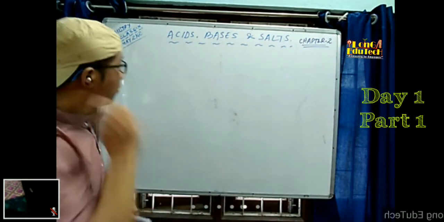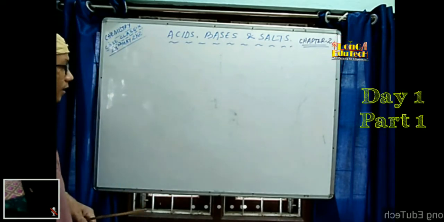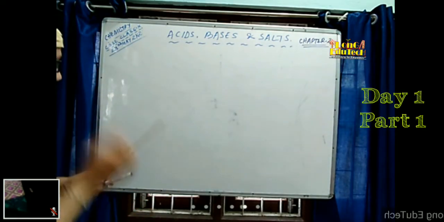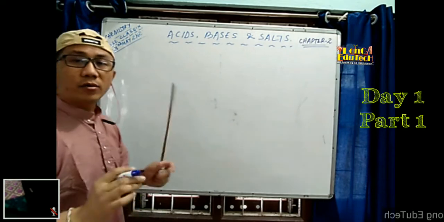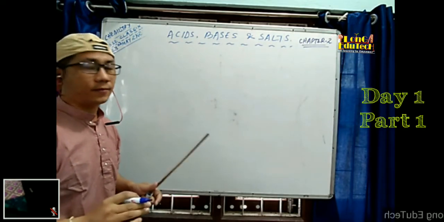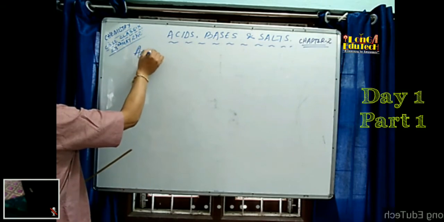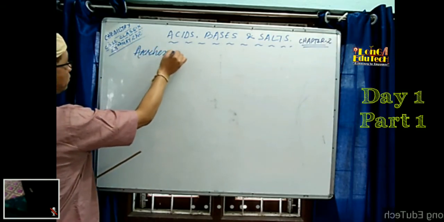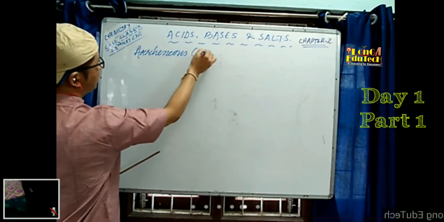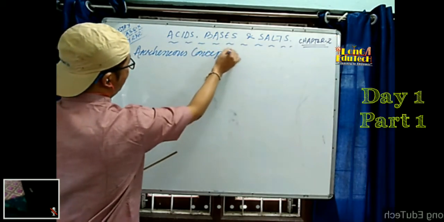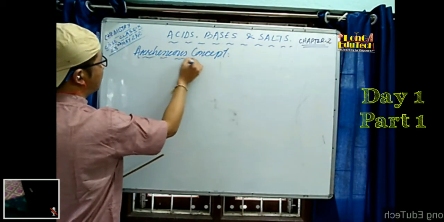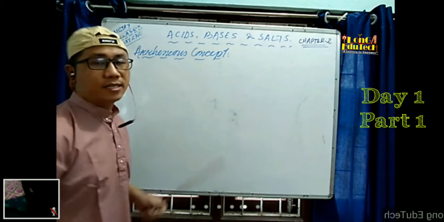Okay, so this is about acids, and now here we are going to learn the acids according to other scientists' concepts. The first one is the Arrhenius concept of the acid. What does Arrhenius say?